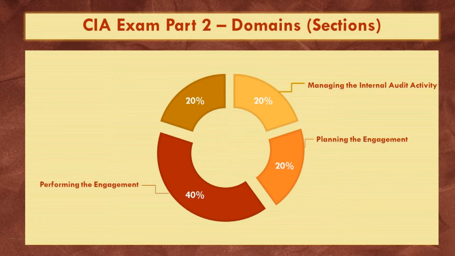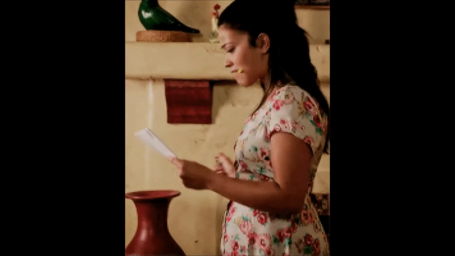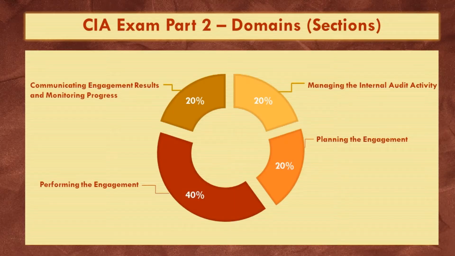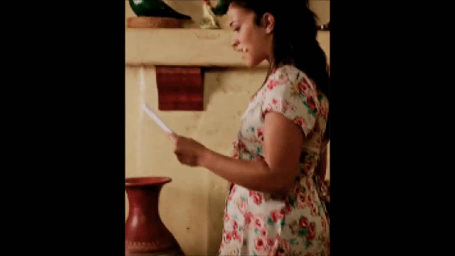Domain 3, performing the engagement, is 40%, which is a big chunk of points, so be sure to be proficient in that domain. Finally, Domain 4, communicating results and monitoring progress, accounts for another 20% of the exam. I hope this helps you see which areas deserve extra study time and practice.